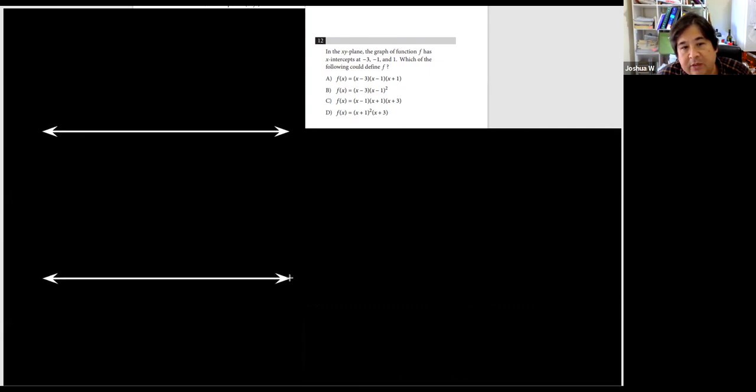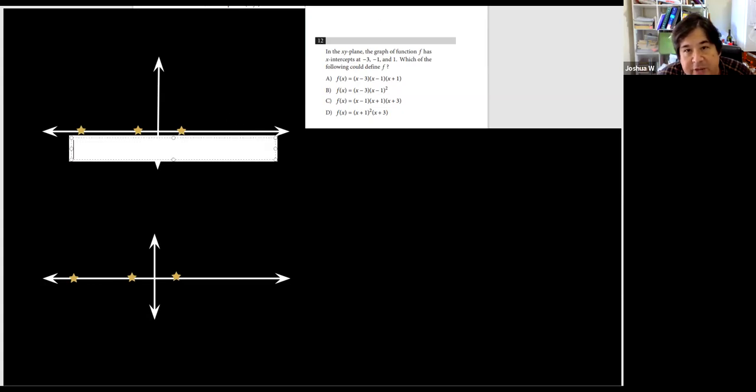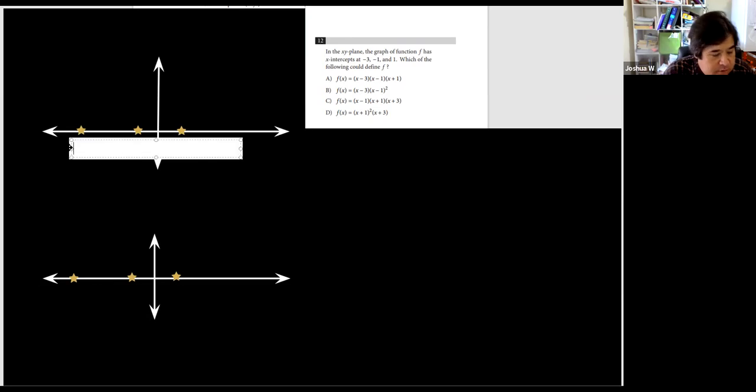Here's the number line. Here's the y-axis. It says that it intercepts at -3, 1, and -1. So there's a picture like that. These are known as the zero values, or for zero products. So hopefully that's helpful.